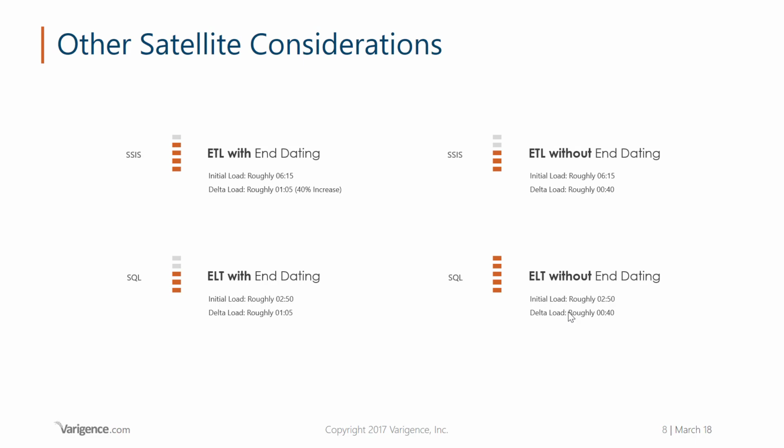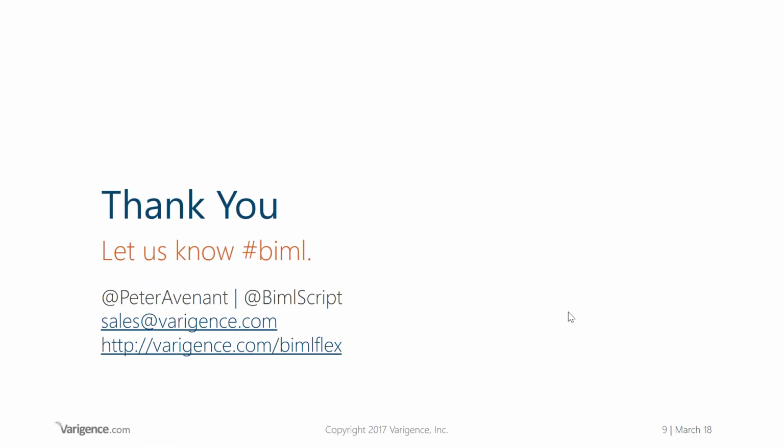So what you need to take into consideration is that you can split your ETL, or your data integration and data automation, into having some of your packages run on SSIS and some of them running on SQL. The key thing with BimlFlex is that the way you configure your metadata is the same, and then you just choose your build option.